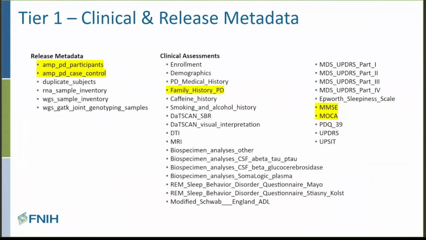And then we have a number of clinical assessment tables, things like the MoCA form, the MDS-UPDRS, and a number of other forms that let you get information on specifically what symptoms people have, cognitive ability, things like that.